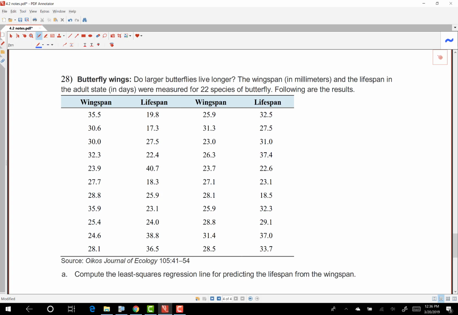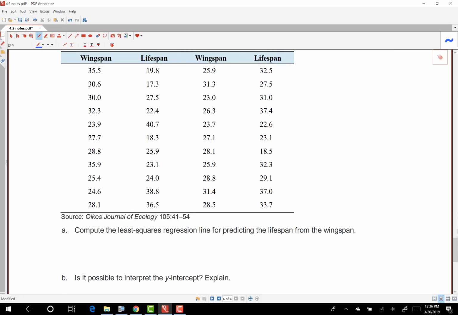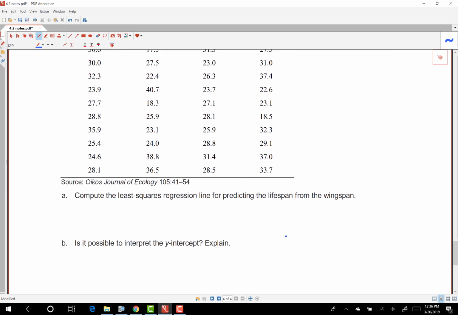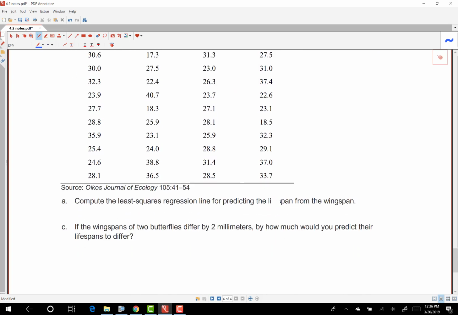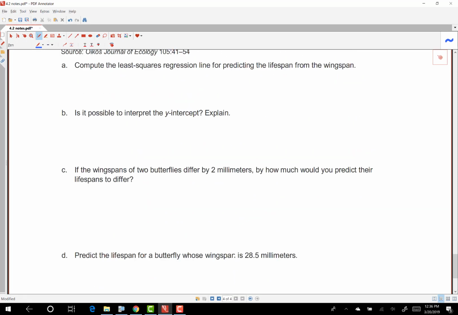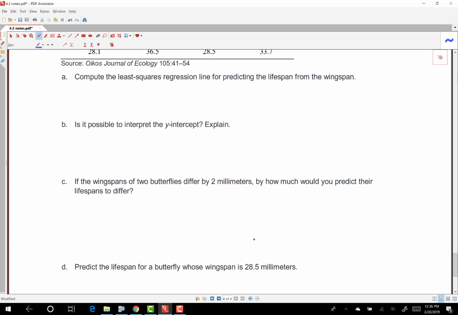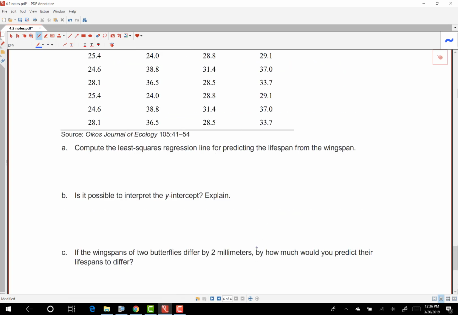What we're going to do with this one is compute the least squares regression line, decide if it's possible to interpret the y-intercept, and then make some predictions.